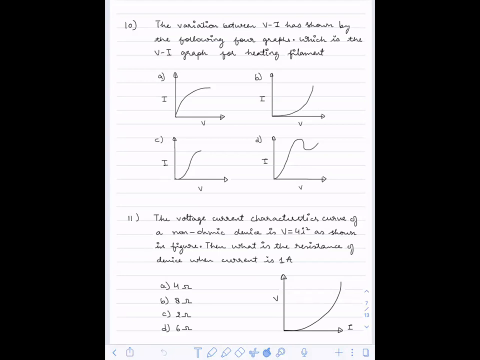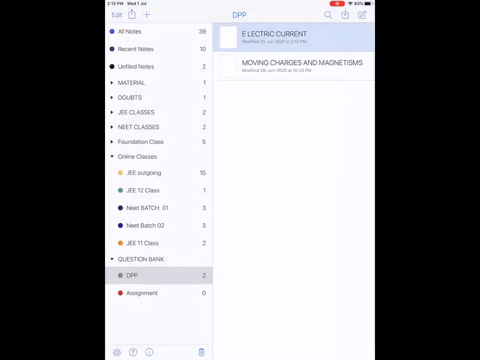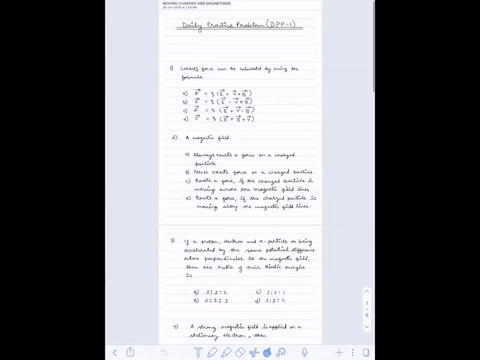This was for the current electricity. Now you take for the moving charges and magnetism.